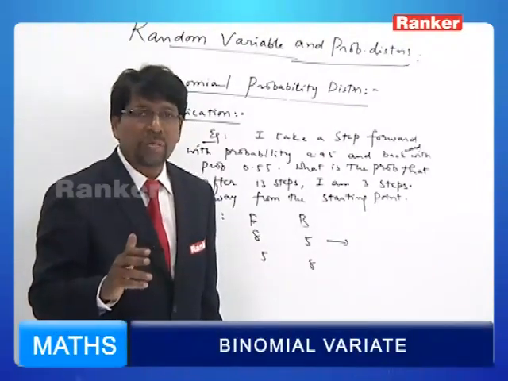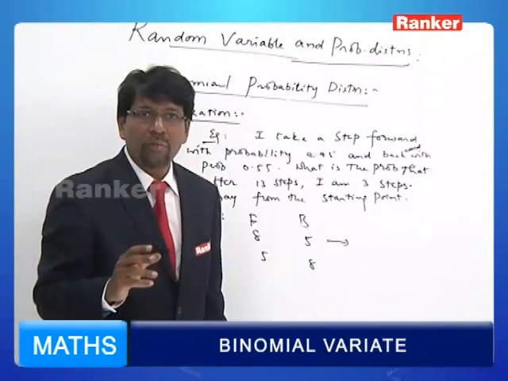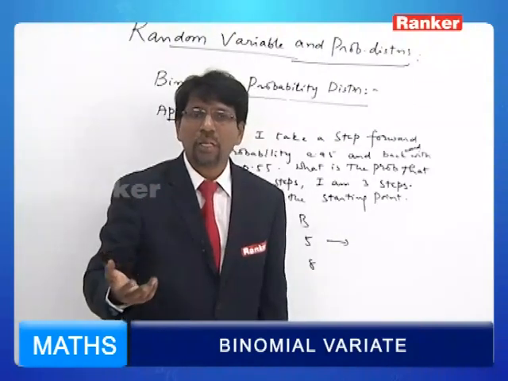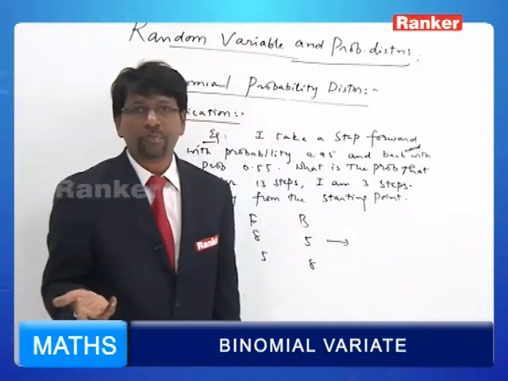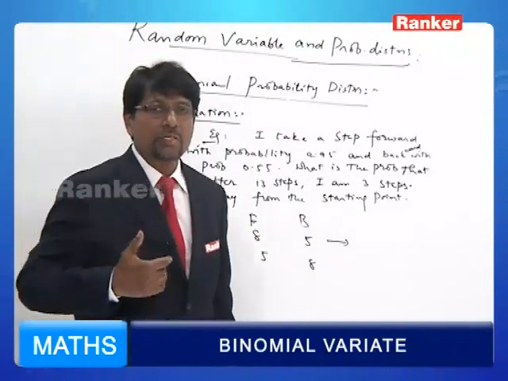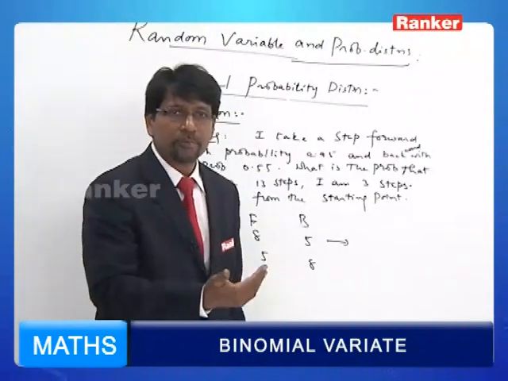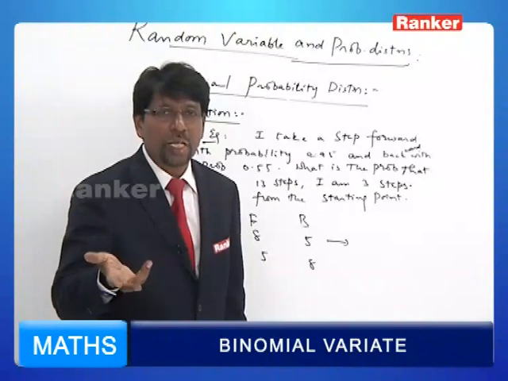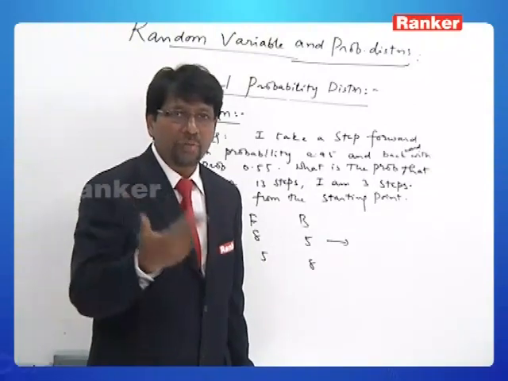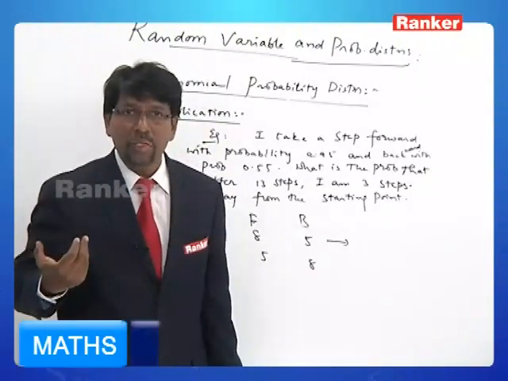It is a case of a binomial distribution wherein the number of trials is the number of steps I am taking, n is 13, and success is moving forward. So each trial is like taking a step, and success in a trial is moving forward, a failure is moving backward.